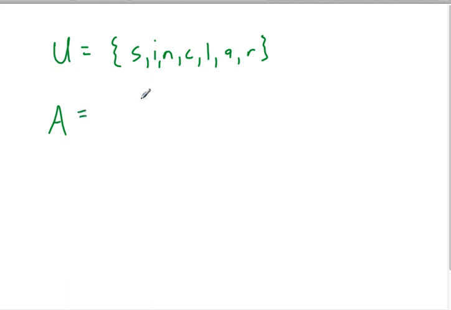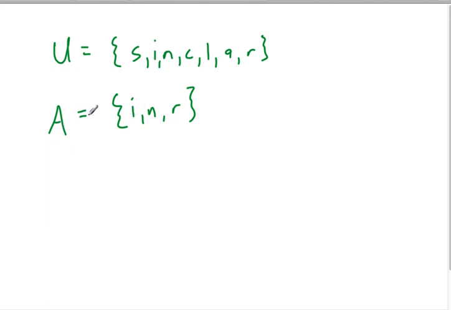So let's try another one of those. Suppose we want to have a universal set. In this case, we'll do letters, and we might as well do letters in my name. So we have S, we have I, we have N, C, L, A. We already did I, so then R. Sinclair. And let's say the subset we're going to use has the letters I and N and R. So first of all, what's the complement to subset A?